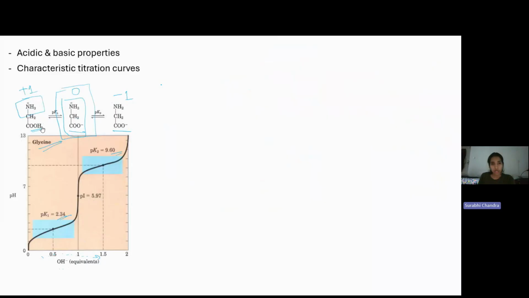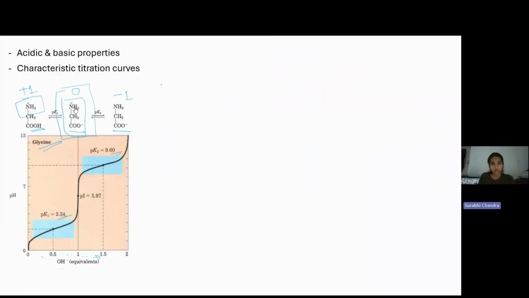However, towards this side, it exists as a positively charged residue. Glycine residue in this particular region exists as a positively charged residue. And if we move towards higher OH minus concentration, as OH minus concentration increases, H plus ion concentration reduces.